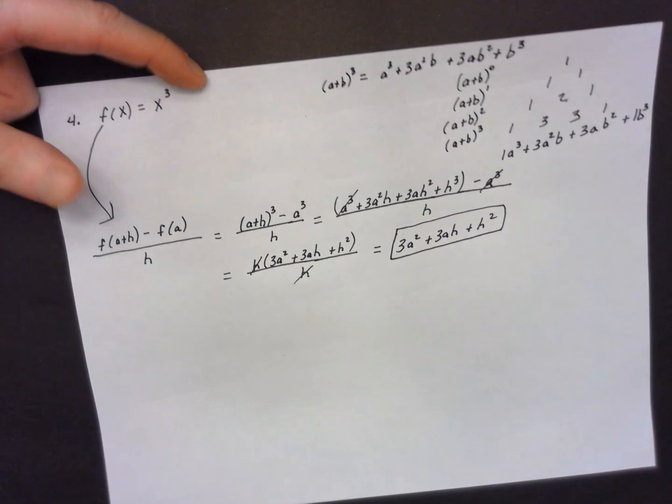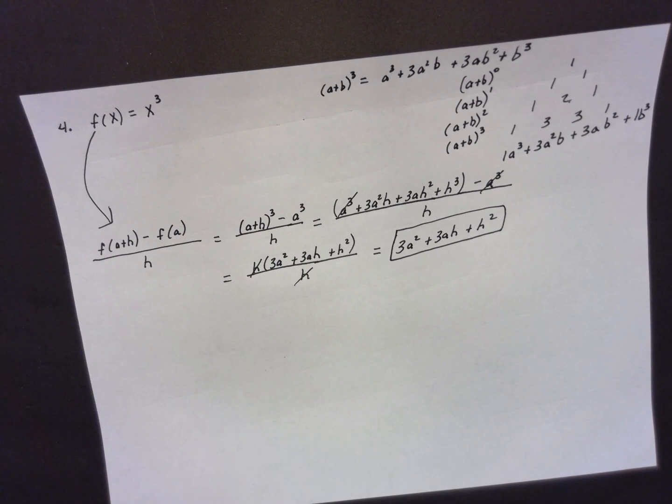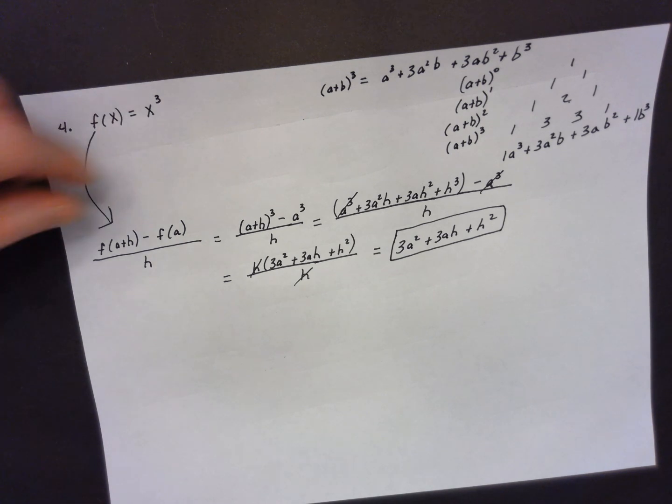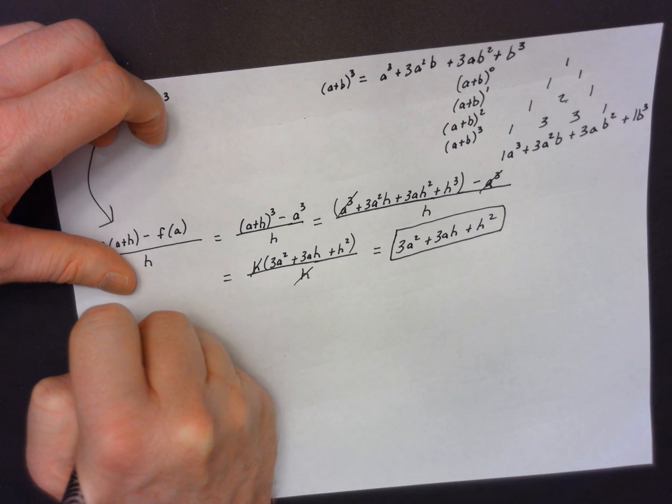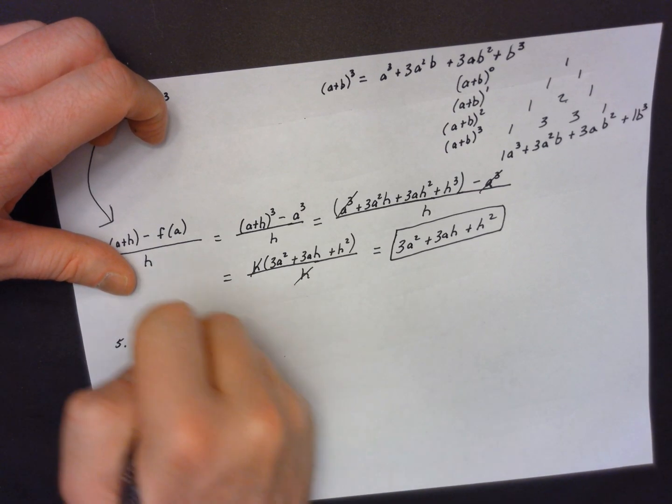If I looked at one more, there were several problems in here, 55 through 72, that had us look at finding the domain of a function. So let's say, for example, I look at an even problem like number 70. I'll call this number 5, and it simply asks me to find the domain.